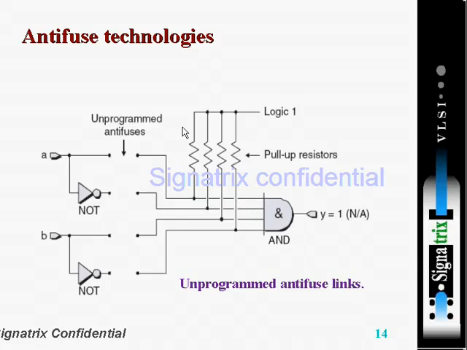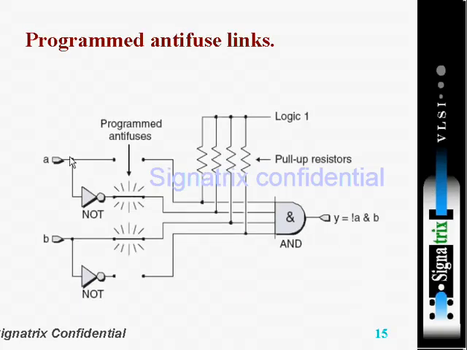Now the next technology we'll see is anti-fuse technology. Anti-fuse technology means you are seeing that here one arrow is there and there is no link. So this is an unprogrammed anti-fuse. Now we want to program all these anti-fuses. How to do that? We have to establish a contact between these two. This is what we call programming the anti-fuses.